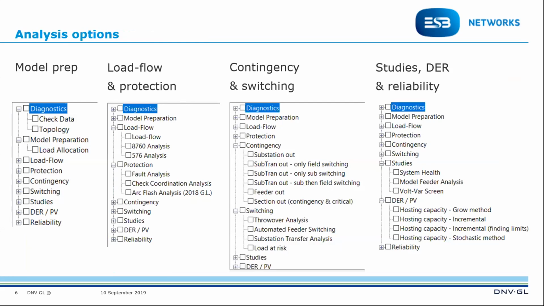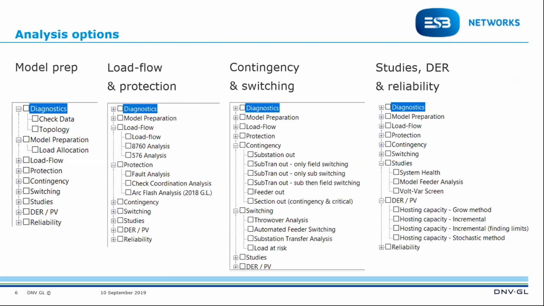So what sort of analysis can we carry out using that? You can see here, it's quite a comprehensive list already. I suspect there's not many areas of Synergi that isn't touched by this list at the moment. So you can do your model preparation, including load allocation.